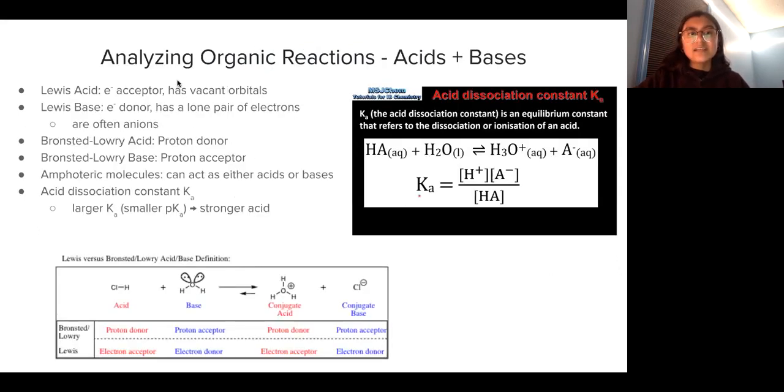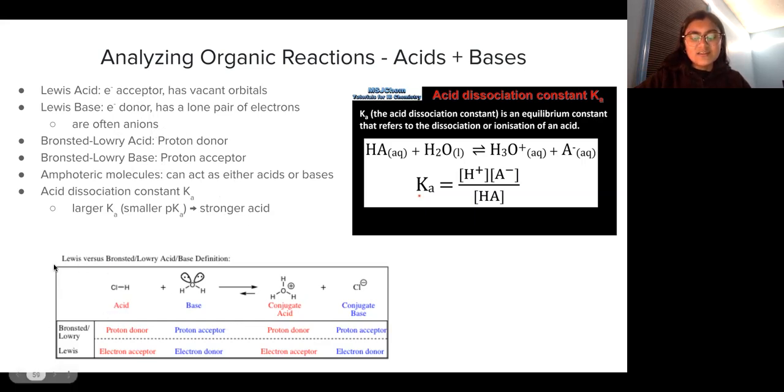Now for acids and bases, you'll most likely come upon Lewis acids and bases, as well as Bronsted-Lowry acids and bases. And the difference is that Lewis acids and bases are talking about electrons, whereas Bronsted-Lowry acids and bases are talking about protons.